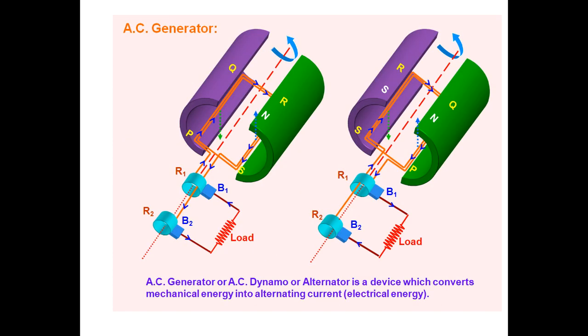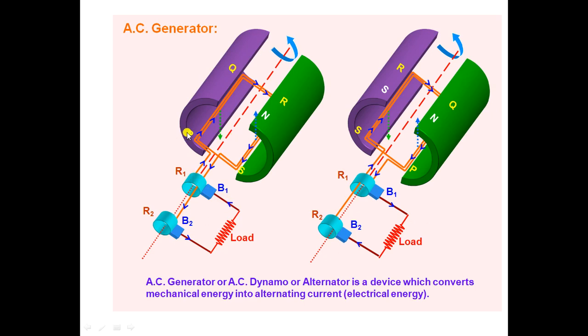In the diagram we will see that whenever PQ is first on the upside and RS on the downside, as the coil moves through a half circle, S is connected to, suppose, the B2 brush, R2 B2, and that goes through the load, and after that B1 R1.